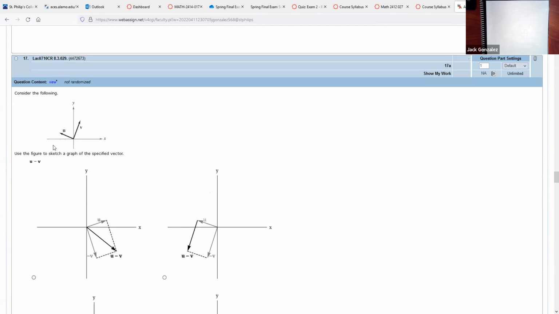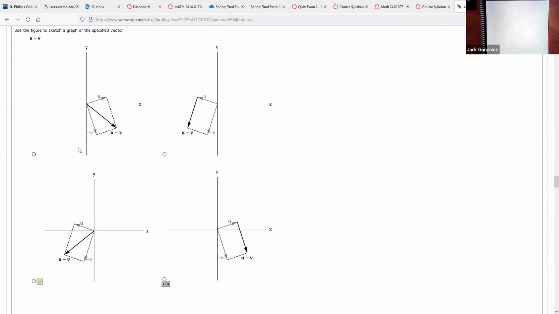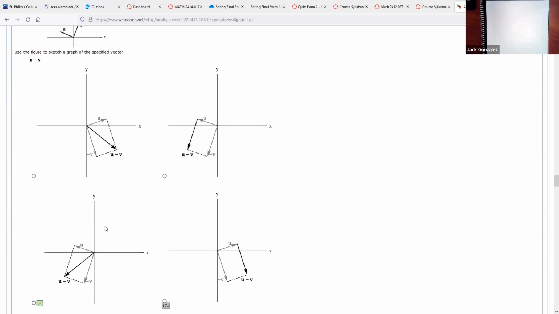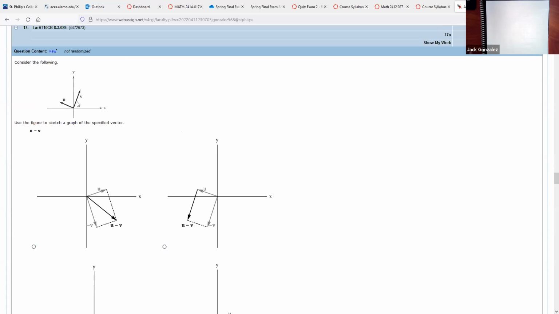Of course, you can also subtract. For U minus V, you first have to draw the negative V, because V is over here. If I were to draw it, let's see if we can get this correctly. U minus V is over here.